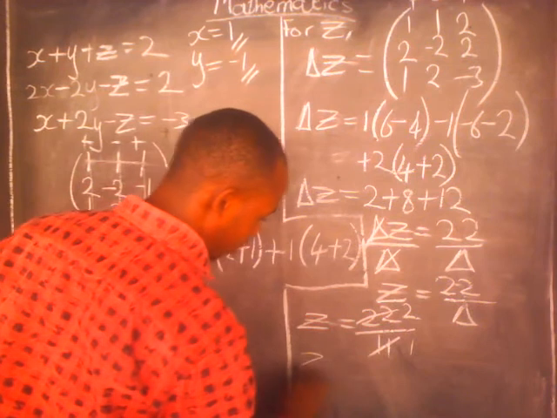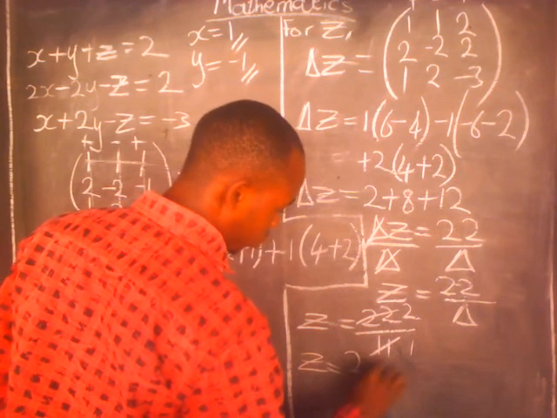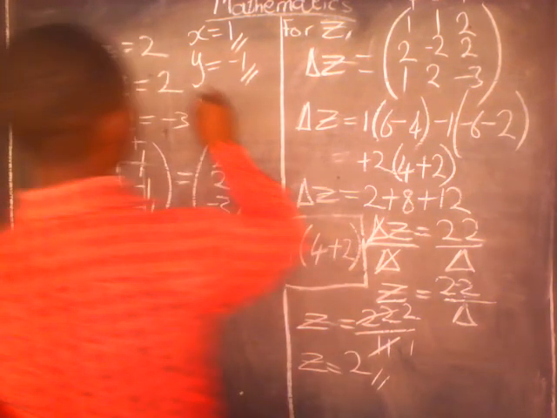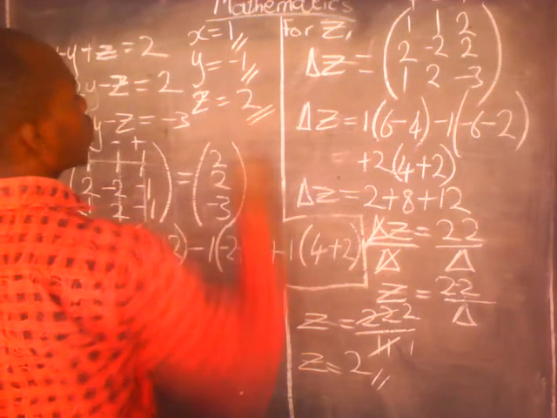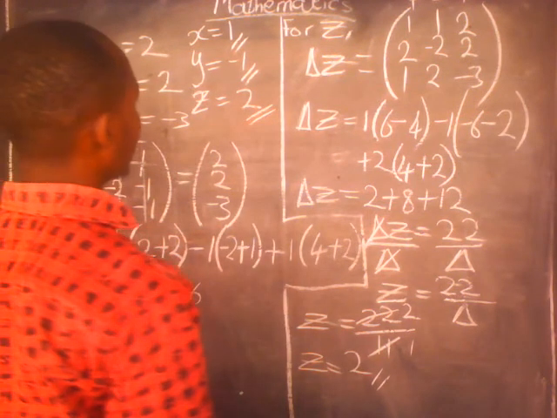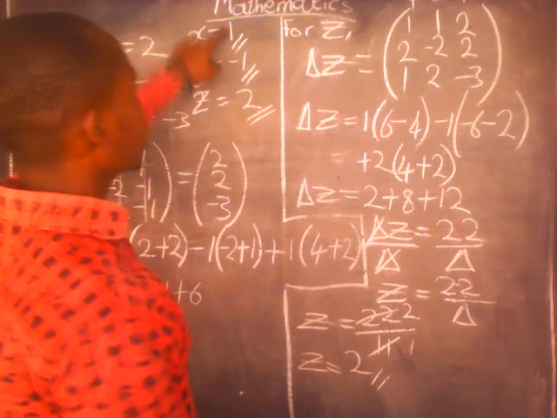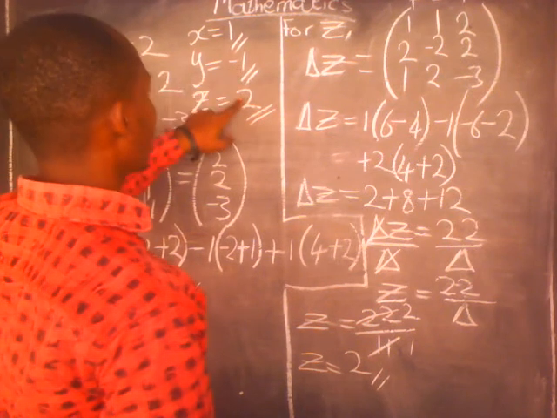So I have that z is equal to 2. We've now gotten the values of the variables to be 1, minus 1, and 2.